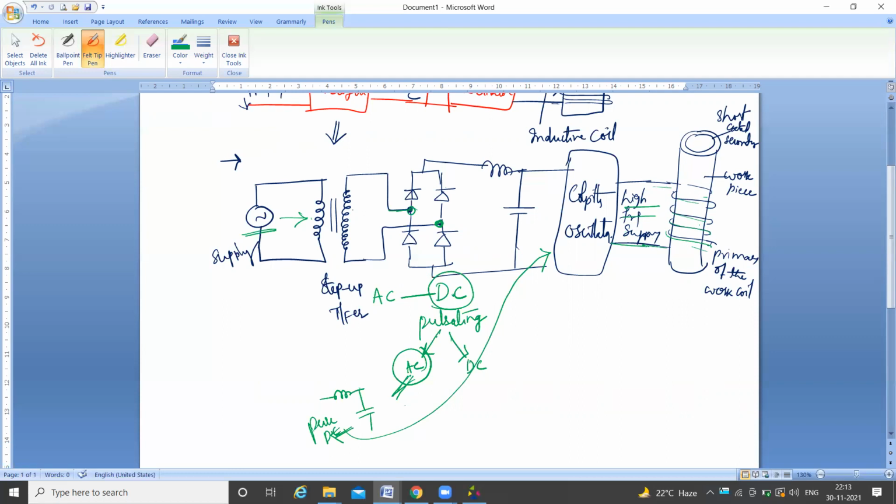So maximum current flows in the secondary. Therefore, maximum power will be wasted, so maximum heat loss, which results in a reduction of the conversion efficiency of the system.